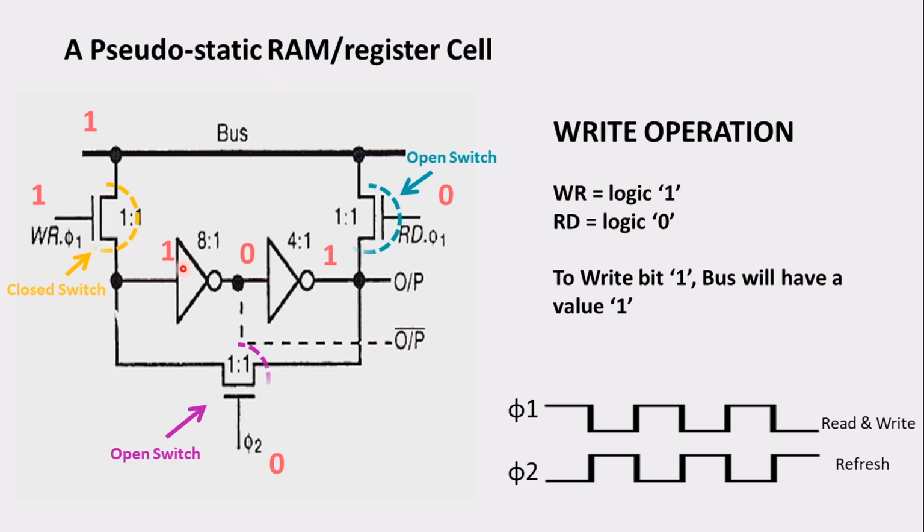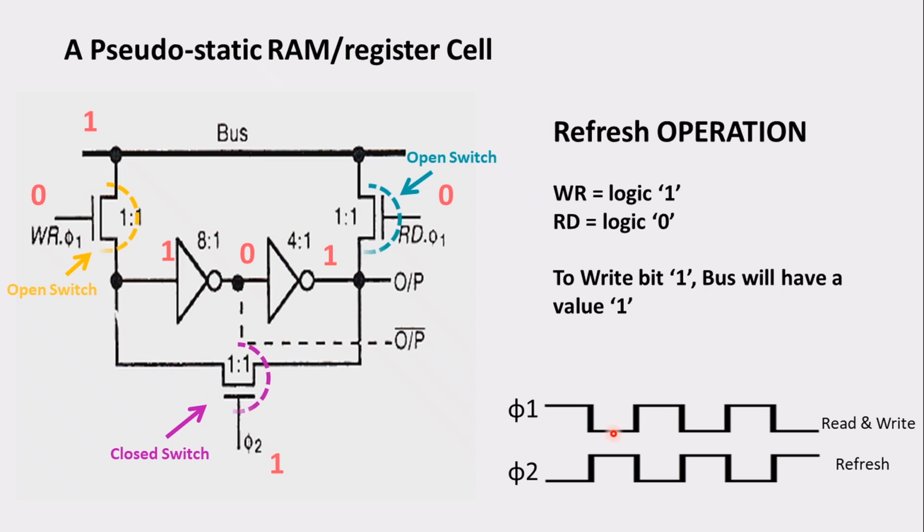So now in order to refresh the data, you can observe that in the refresh operation the write signal I have made 0. Even though the write signal is 1, you can observe that this phi 1 signal has become 0 in the next cycle.